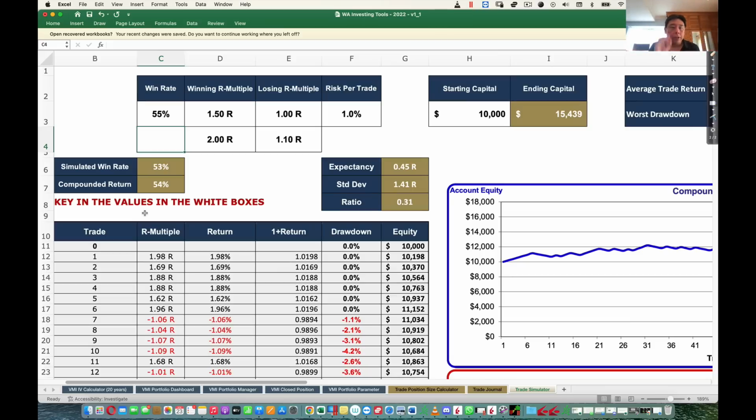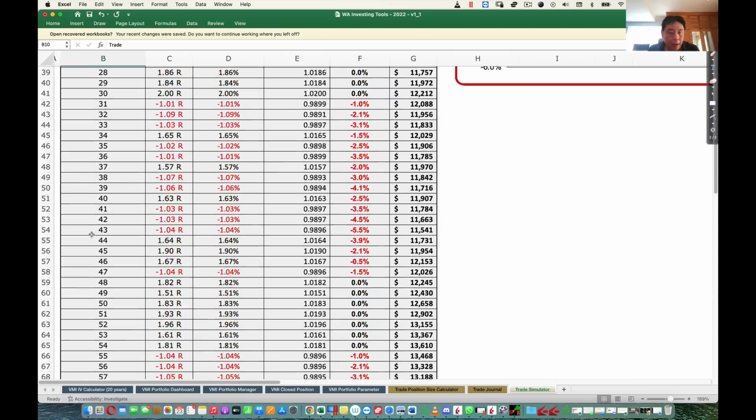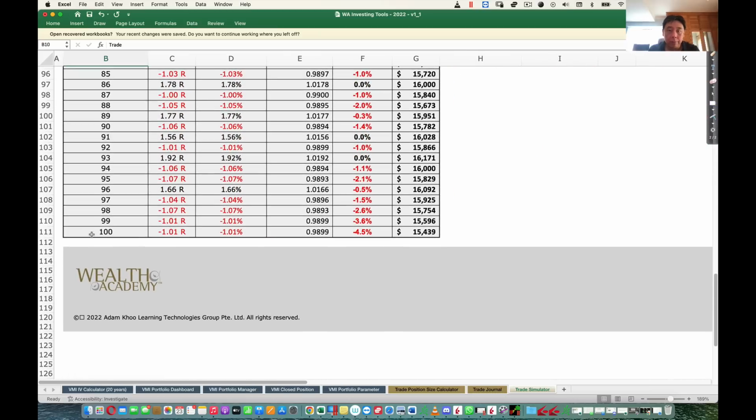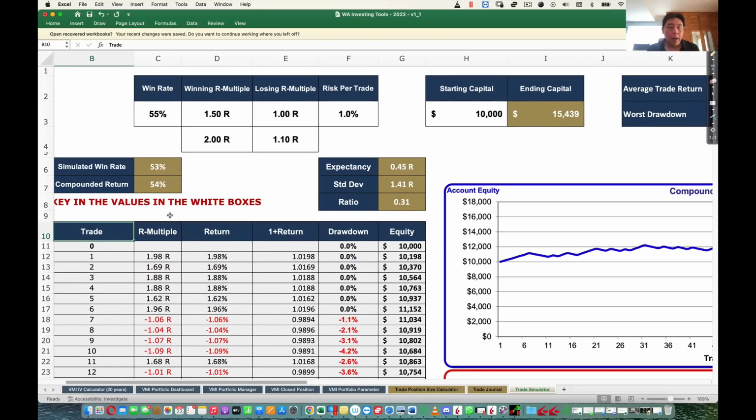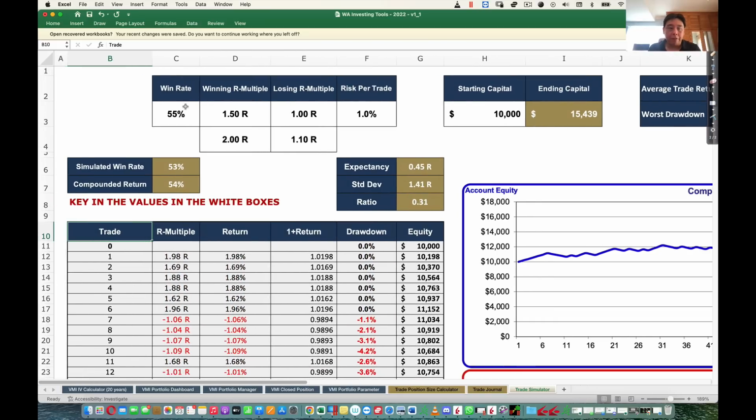of trades. So what this simulator does is it simulates what's your simulated win rate based on 100 random trades. See what I'm saying? So if you use a strategy that has an example of a 55% win rate, and you trade the strategy 100 times, you may actually get only 53% win rate.